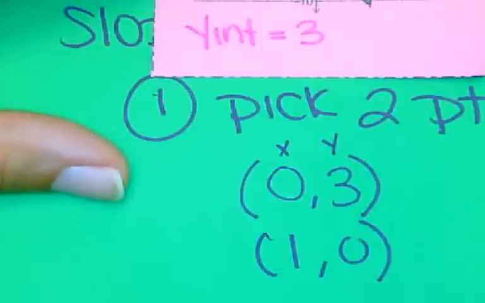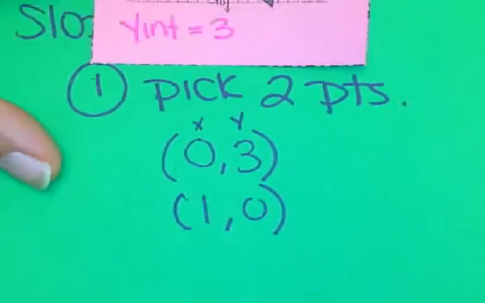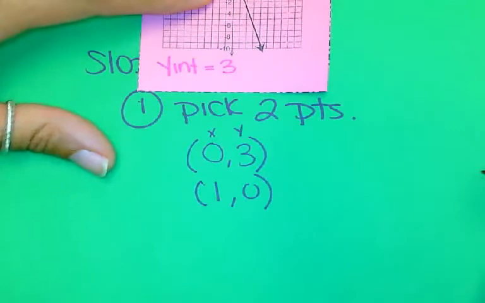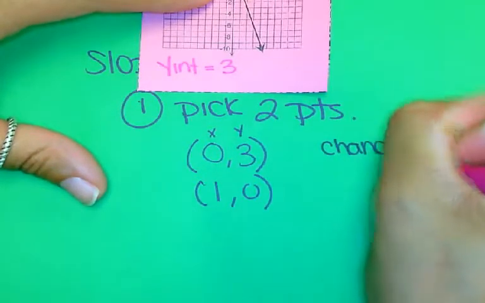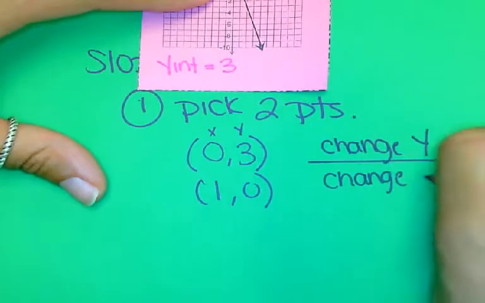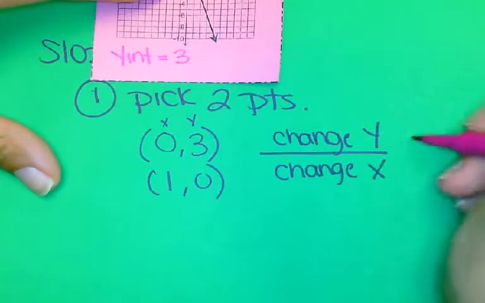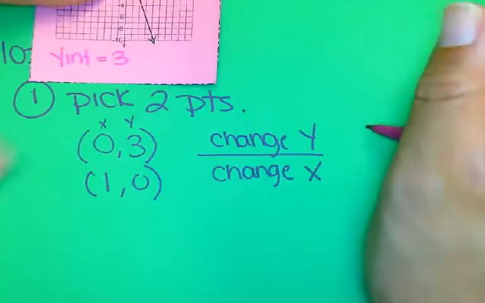And then we say, okay, well, to find slope, we find the change in y. How much does it go up on the y versus the x? Okay, so we go change in y over change in x. So when you find change, well, we have to subtract. So it says subtract your y's. So I go to my y's.